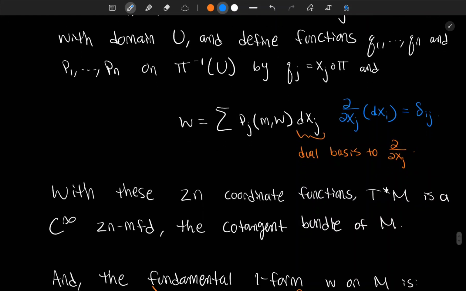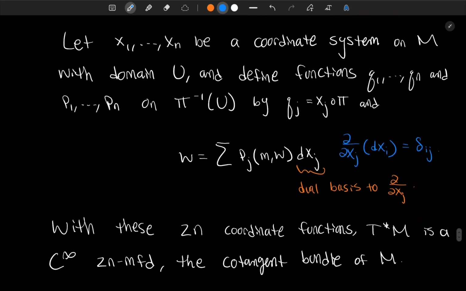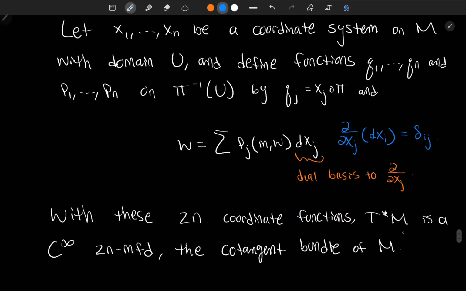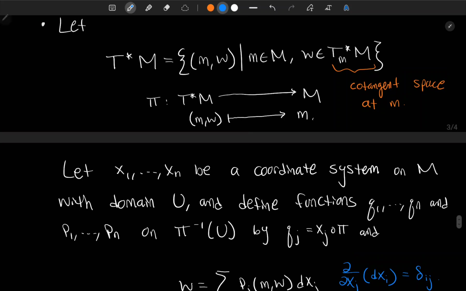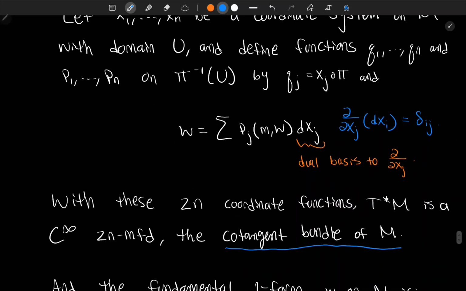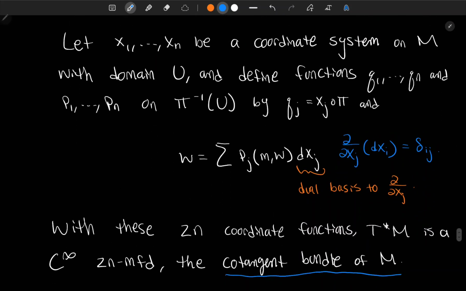With these 2n coordinate functions, T*M, the set that we were concerned with, is a C-infinity 2n manifold. And it's called the cotangent bundle of M. So here the cotangent bundle of M is just this set, T*M, together with these 2n coordinate functions.